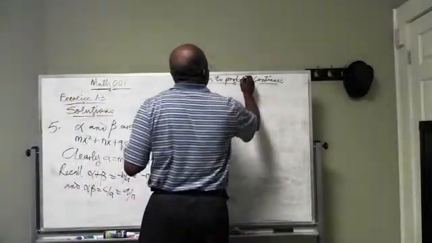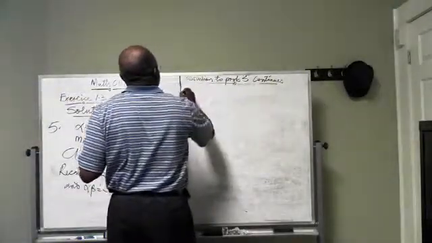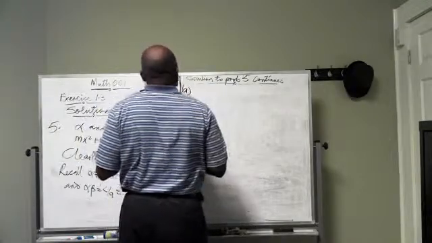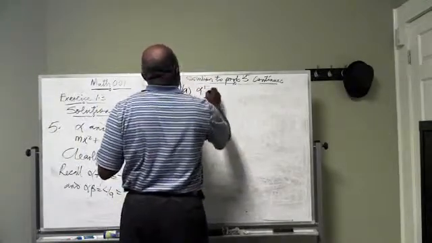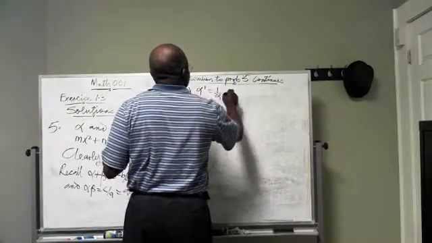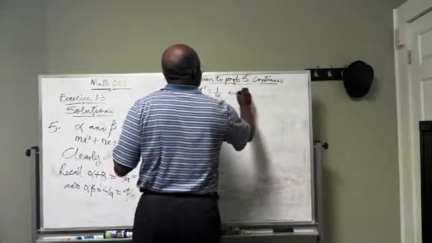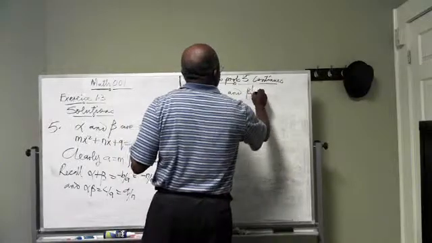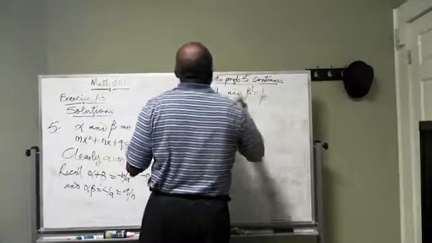Now problem 5a reads alpha prime equals 1 over alpha and beta prime equals 1 over beta.